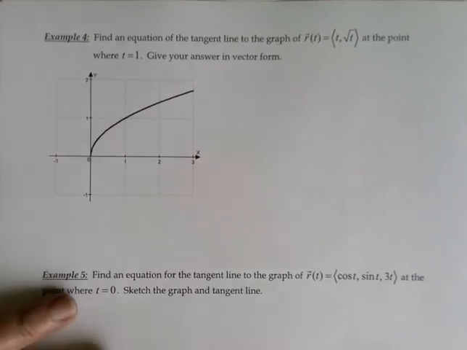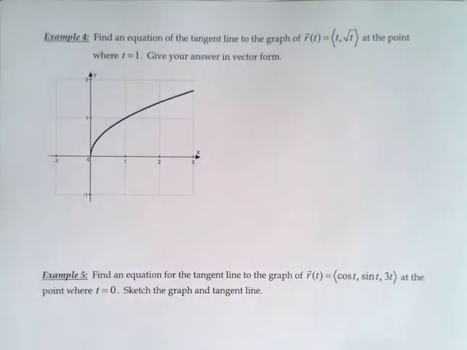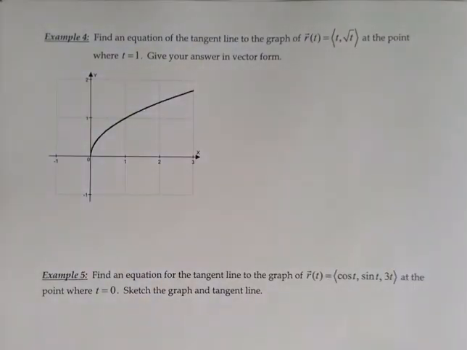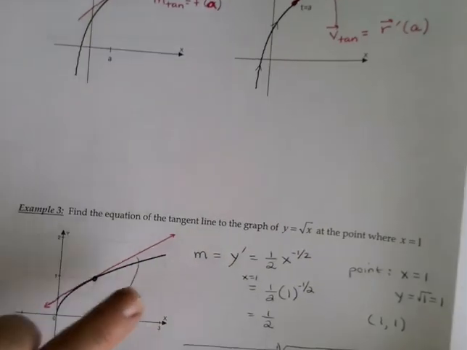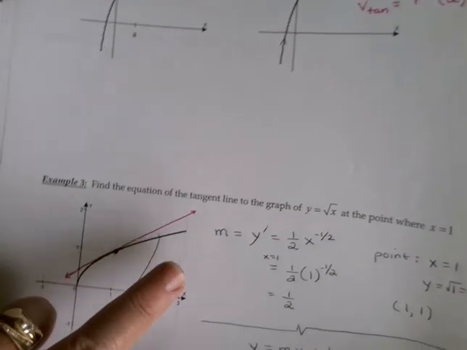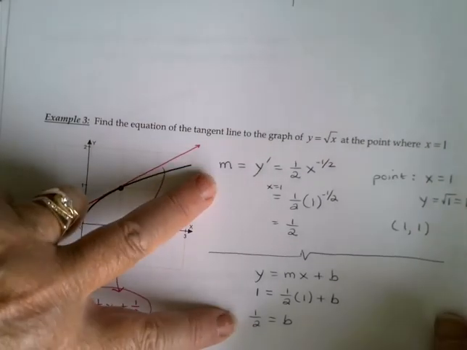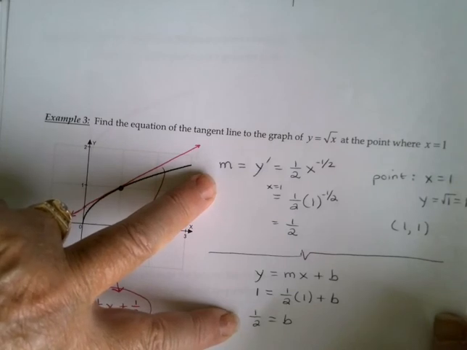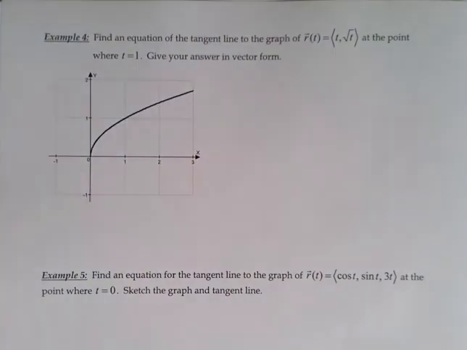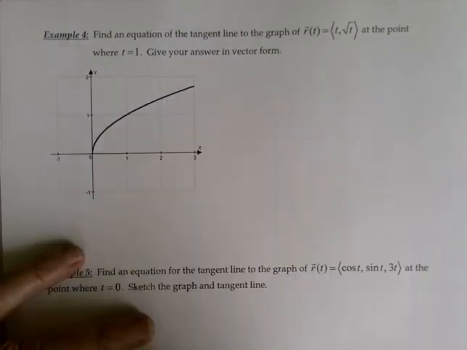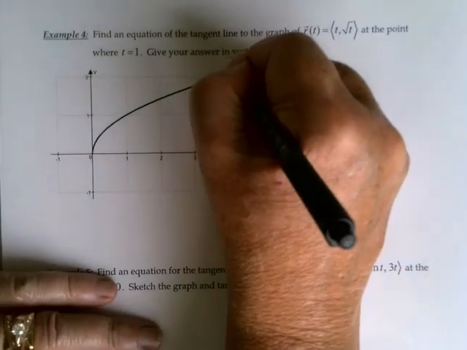All right, so I'm going to start by saying, in order to get the equation of a line, instead of needing m and b, like I do when I'm dealing with y equals f of x form, I need a direction vector and I need a starting point. Right? So let's start by getting the direction vector.